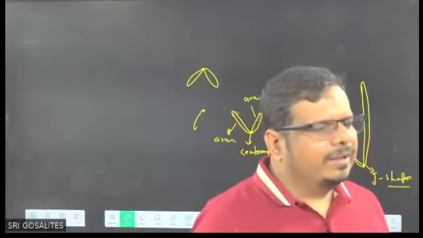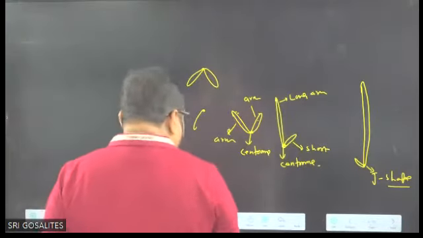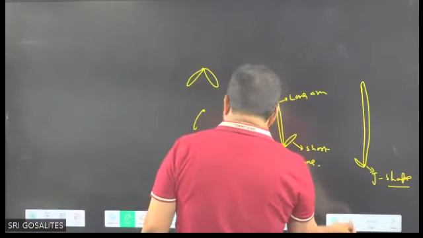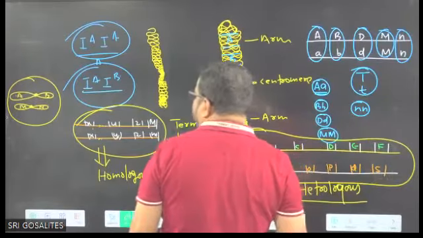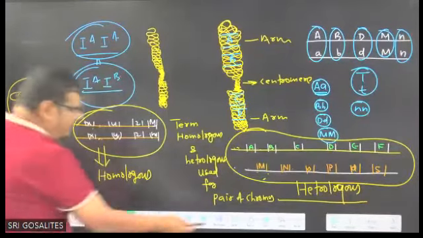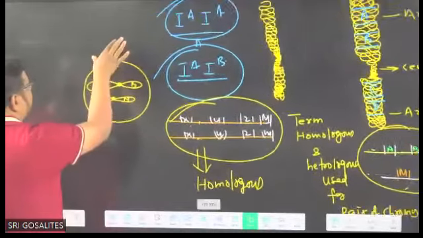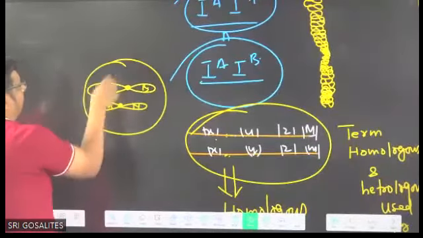Sir, in place of Mn, if we place AB, is it homologous? Look here, one student has a doubt. Your friend is asking a question. Try to answer his question. There are two chromosomes.